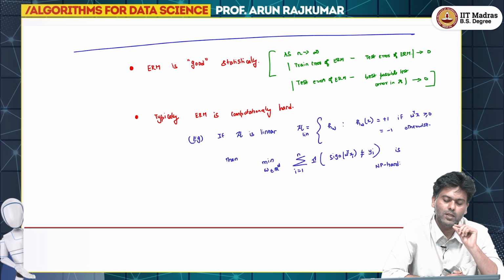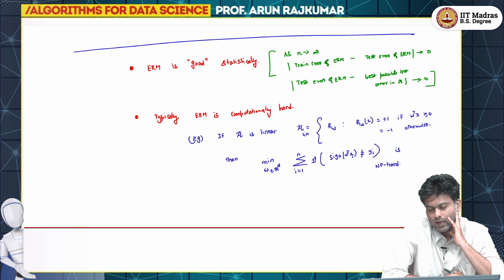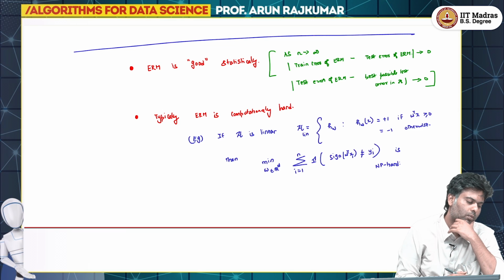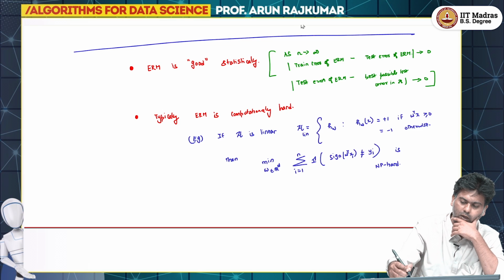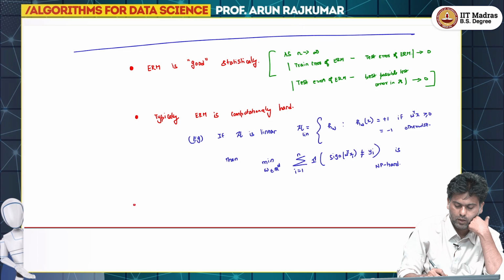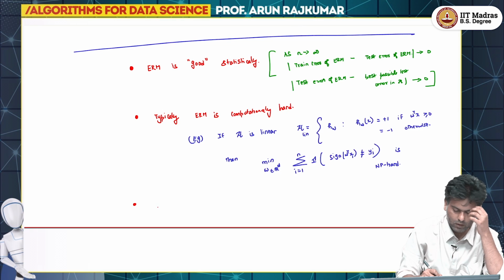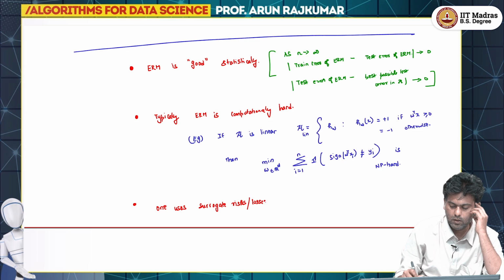So, which means that though we prove that ERM is good statistically, we cannot compute that in practice, which is slightly disappointing, because we have a good statistically sound method, but not necessarily one that can be computed, right. So, what does one do? One uses surrogate risks, or losses, in practice.